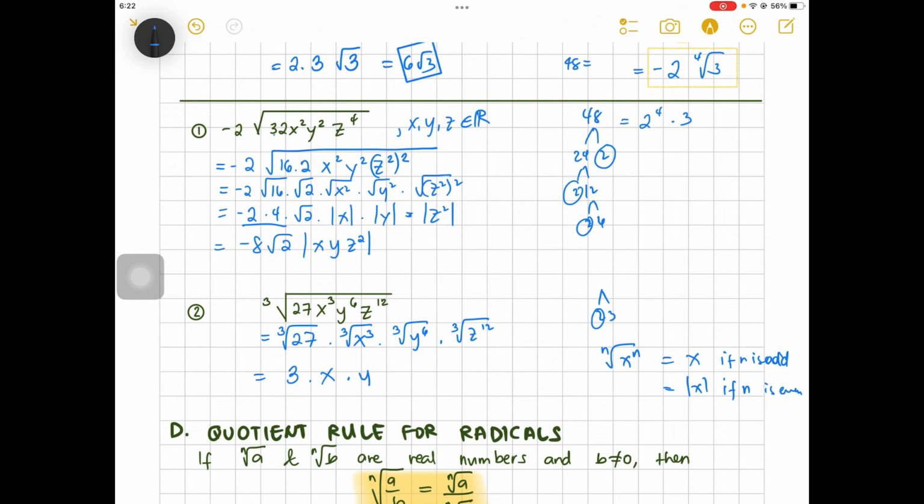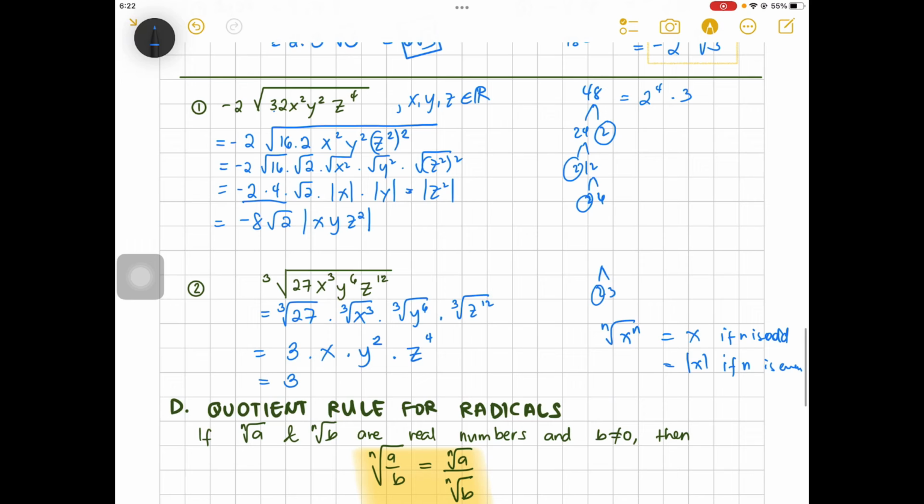So times 3, y squared, and then z raised to 12 over z raised to 4. So our final answer is 3x y squared z raised to 4.